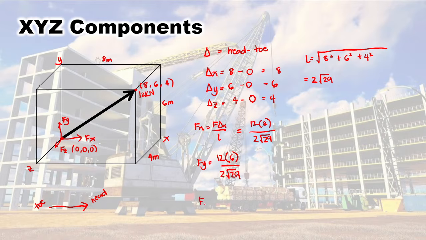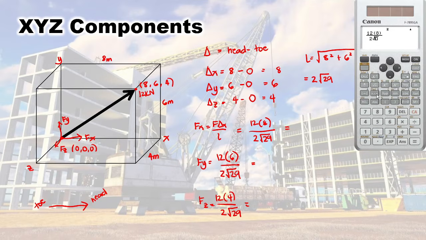Then our Fz would be equal to 12 times 4 divided by 2 square root of 29. So let's simplify.